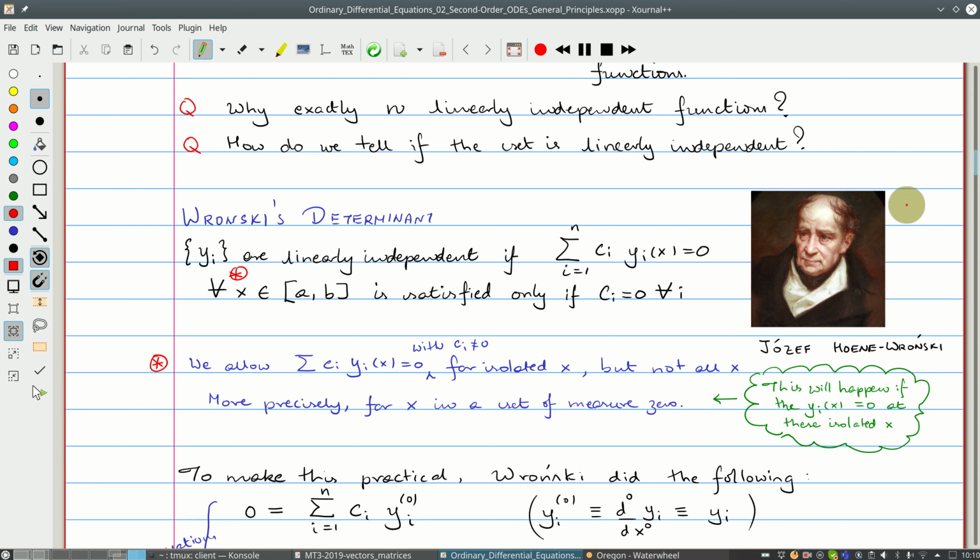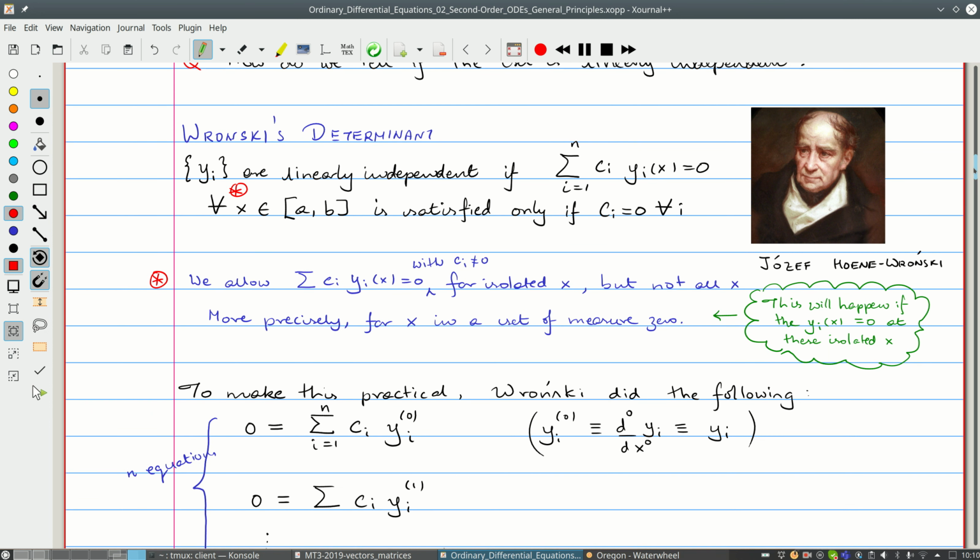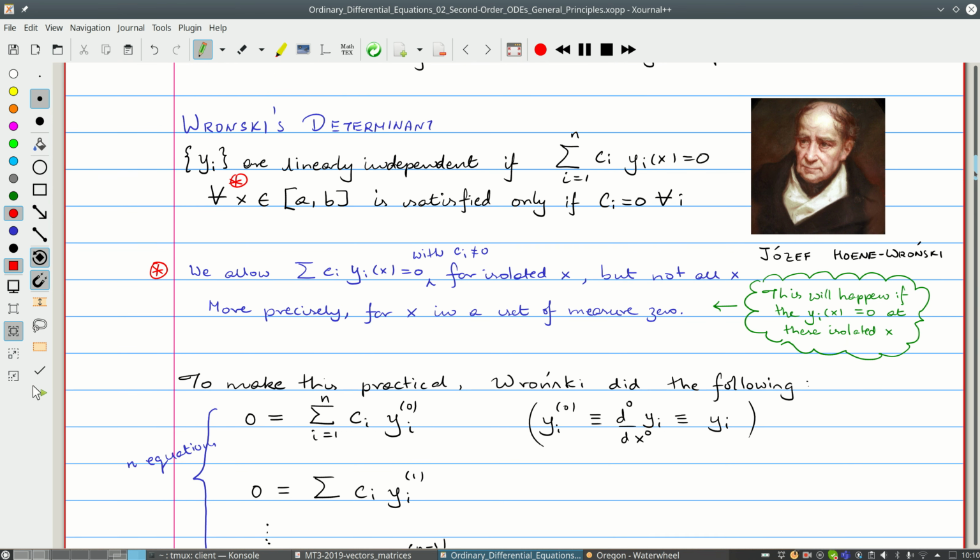More precisely, it happens in a set of measure 0. Measure 0 is a technical term from measure theory. All it means is that this set is, in some sense, infinitely smaller than the set of points from a to b. So if you're dealing with the numbers on the real axis, if these functions go to 0 for a finite number of points, that's fine. But you can ignore that blue statement for now.